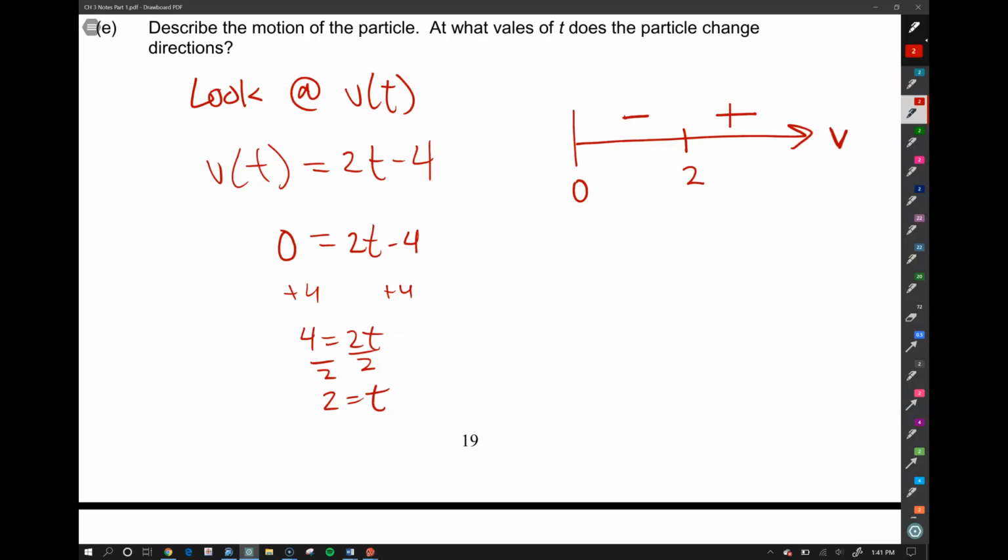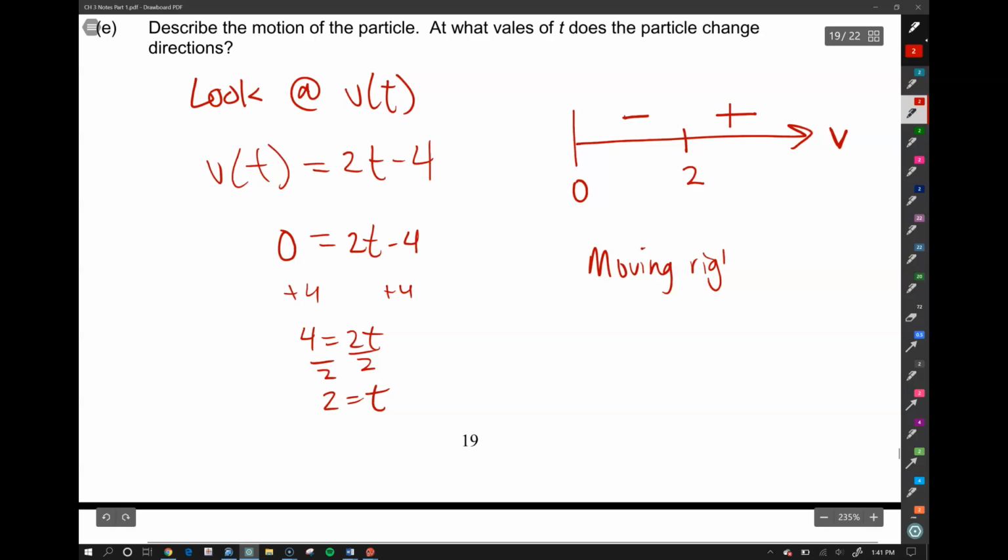Yeah. So I know at 2 seconds, I will have 0 velocity. And since I already had a number to the right, I plugged in 4 at part C, I knew I'm positive on the right. And on A, we knew our displacement was negative, so we were going backwards, so that's a negative.